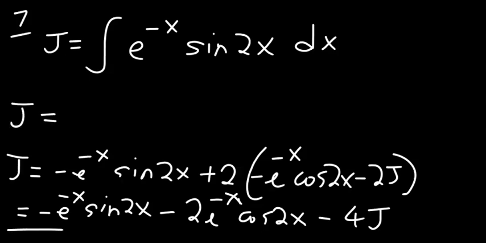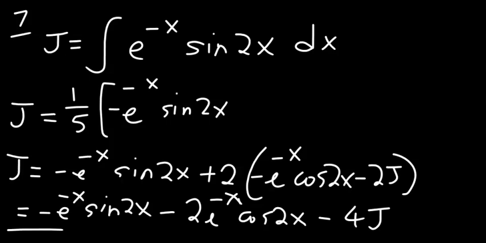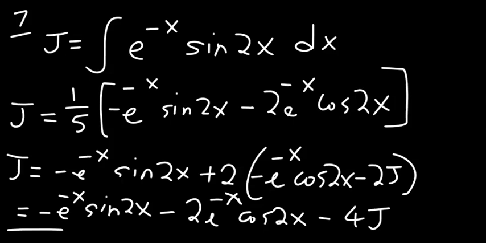So j is just 1 over 5 times e to the power minus x sine 2x minus 2 times e to the power minus x cosine 2x. And that's the answer. You can add an integration constant e if you would like.